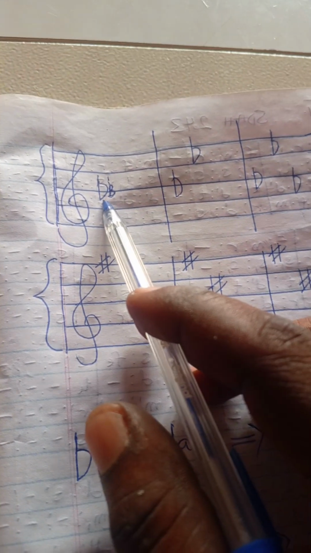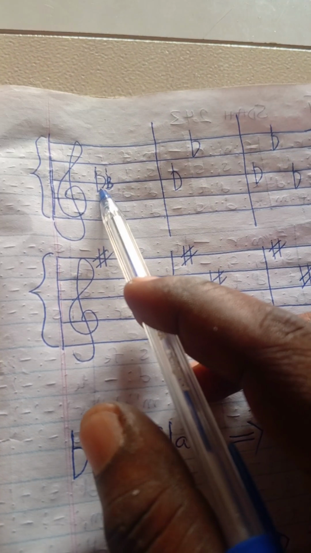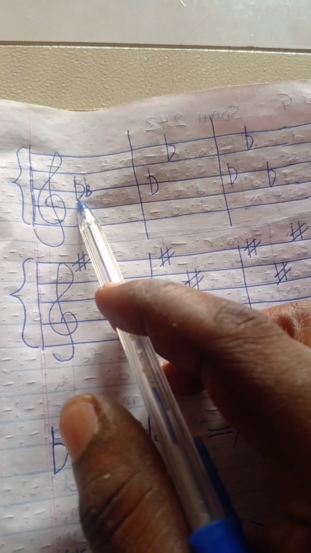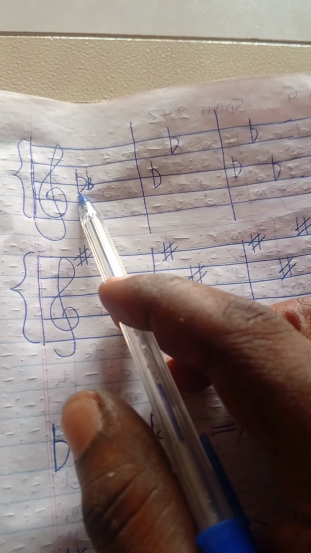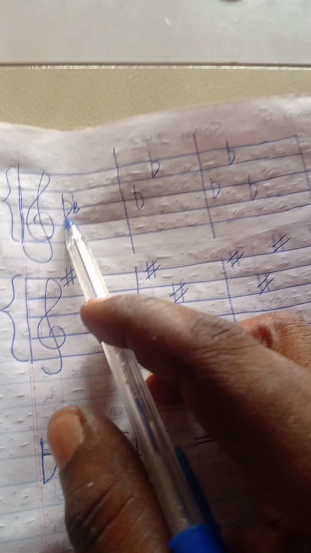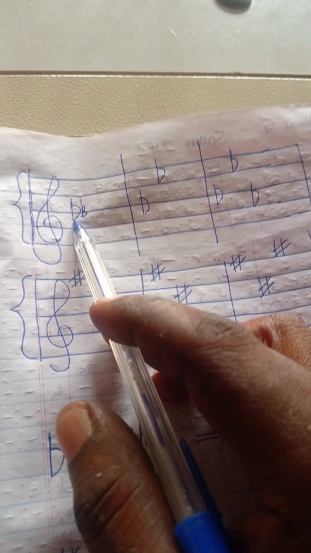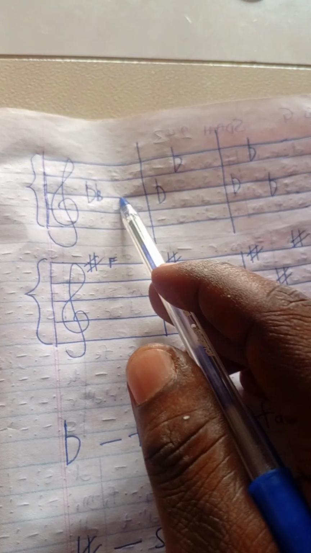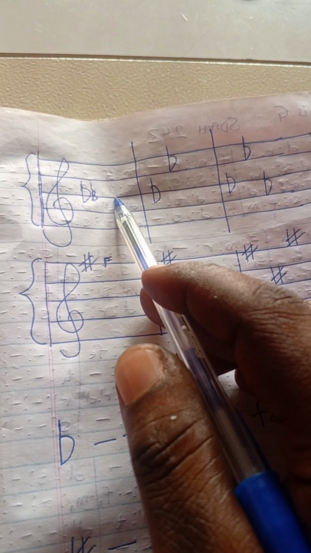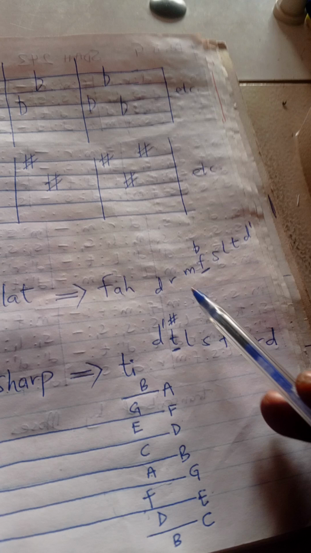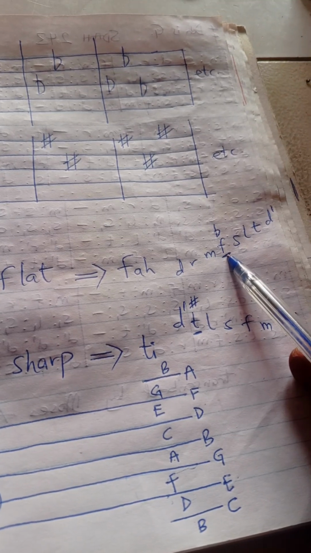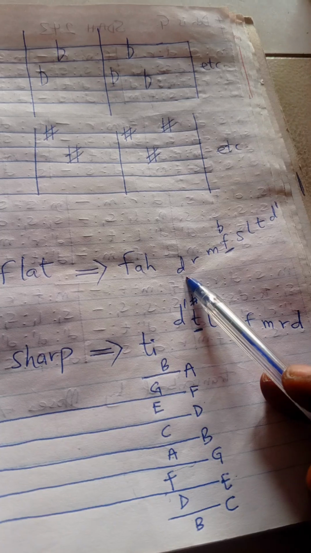So you have only one flat sign here, and I said if you have one flat sign, it represents fa. So how are we going to know the do? Once we have the fa, where can we find the do? We can either run the scale upwards from the fa or downwards from the fa.